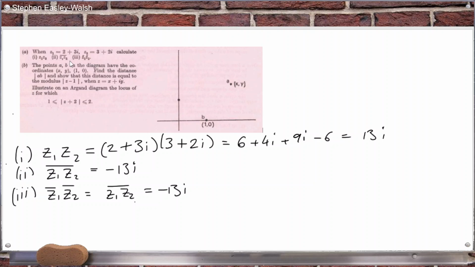So, yeah, and if you wanted to check that, you could kind of see it here. If these were both minuses, if that was a minus and that was a minus, you would get here 6 minus 4i, and then here, if that was minus 3i, that would be minus 9i, and that would be a plus.